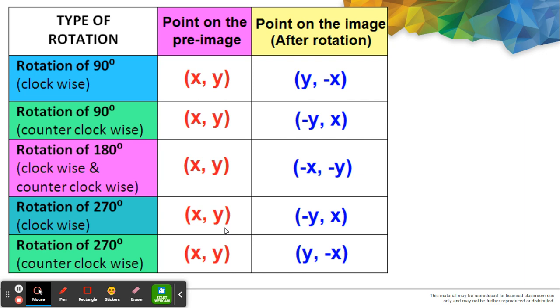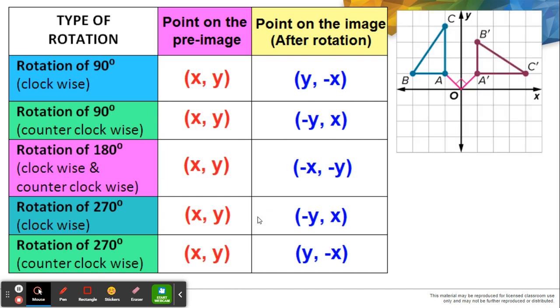I would like you to look at our point on the pre-image and our pattern after the rotation. This is what we call our coordinate notation for rotation, or the rules for rotation. Please fill in the table on your paper with our rules.